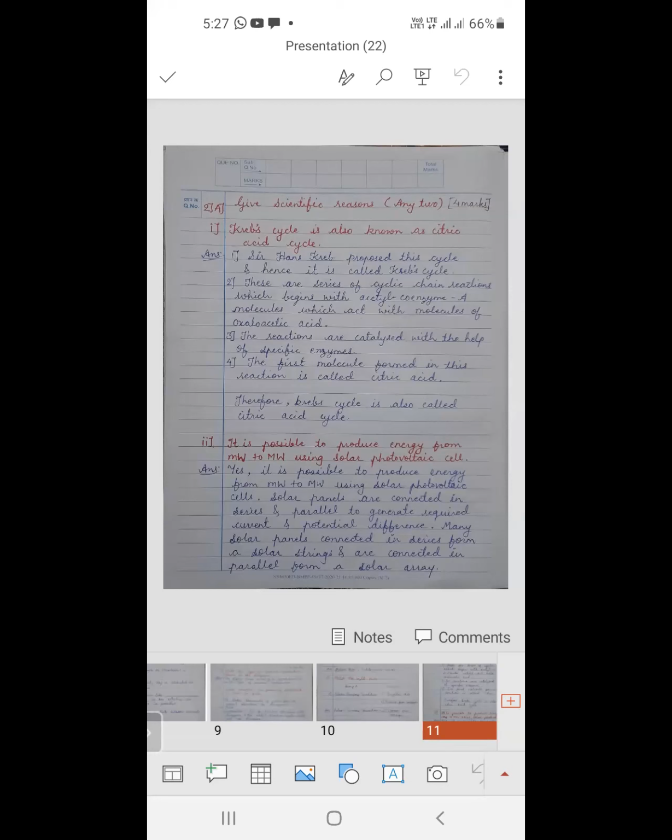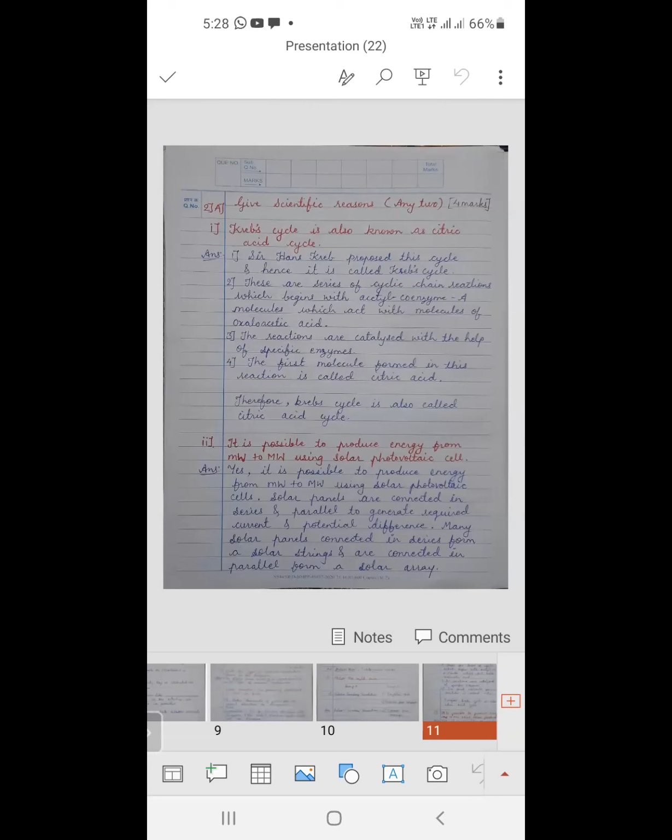Okay. Second one: it is possible to produce energy from MW using solar photovoltaic cells. So yes, it is possible to produce energy using solar photovoltaic cells.